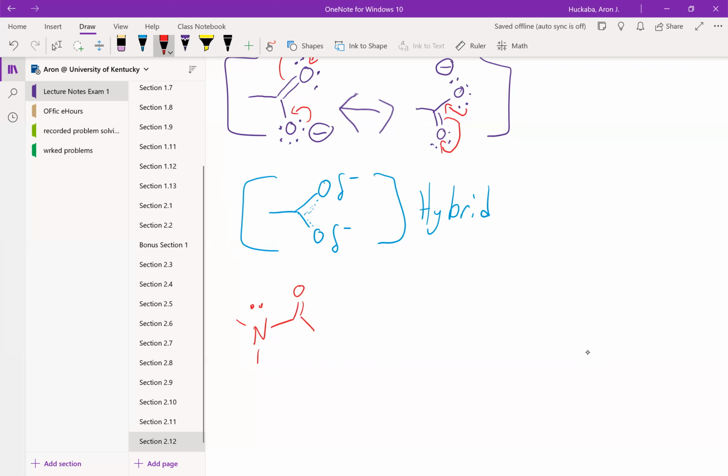Here we have some amide, and a really good resonance form for an amide has this structure. And of course it can always go back just as easily.